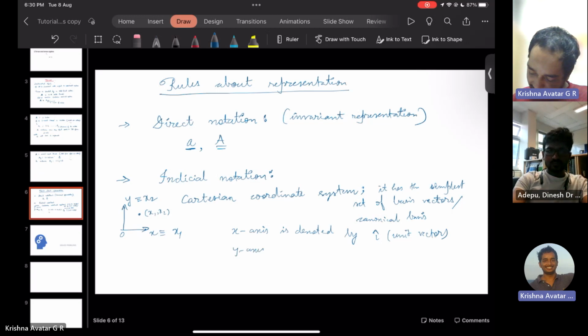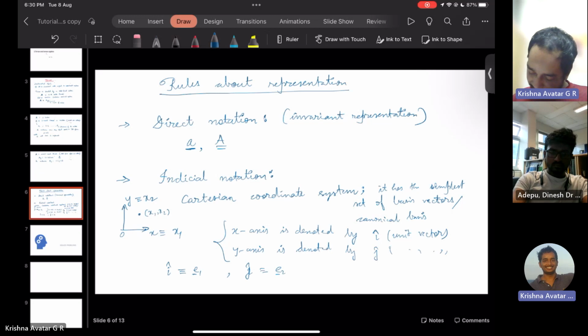And the y-axis, just to give you familiarity with what we have learned during our school days, is denoted by j hat, and it's also a unit vector. Now here we'll make a slight change to the notation. We'll call i hat to be the e1 vector and j hat to be the e2 vector.